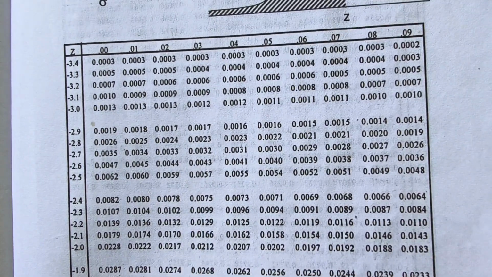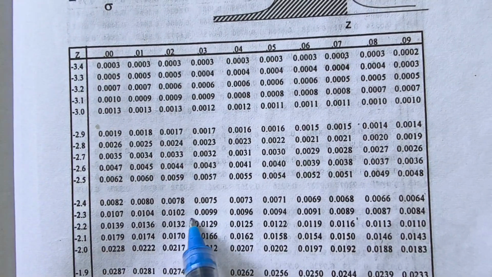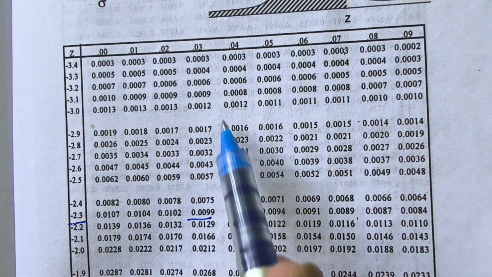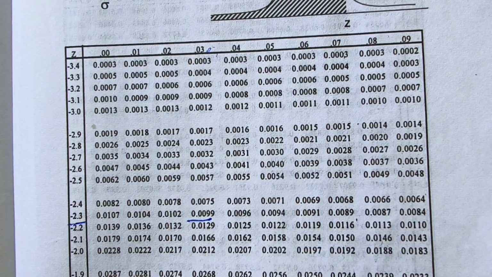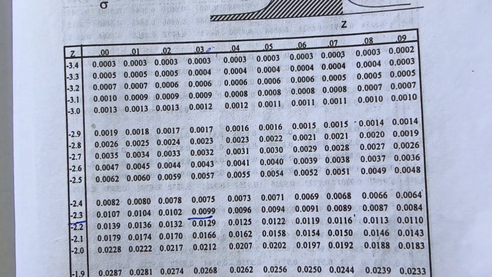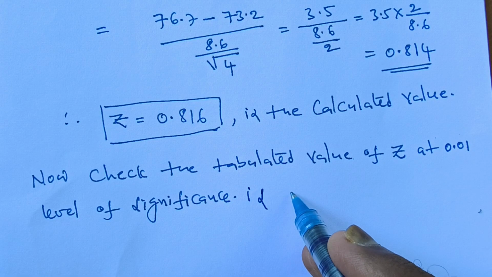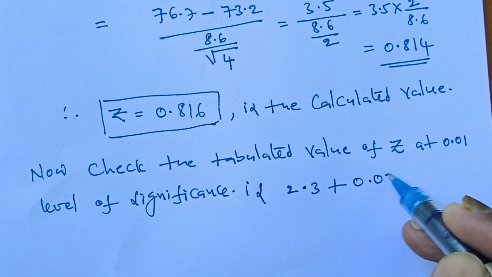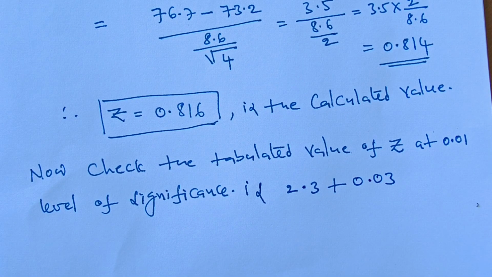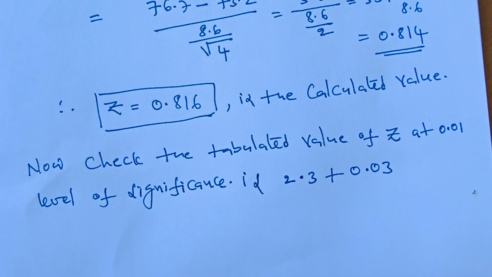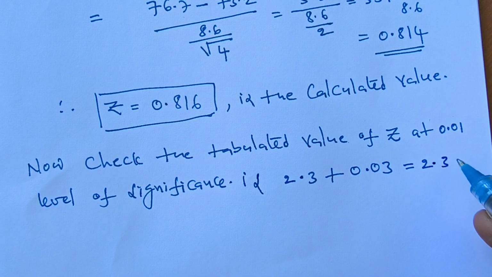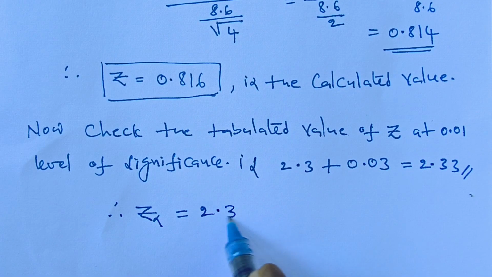Check the 0.01 value in the body of the table, corresponding to the row 2.3 and the column 0.03. So 0.01 occurs in the standard normal distribution table body at the row 2.3 and the column 0.03. By summing these two, we have the value 2.33.